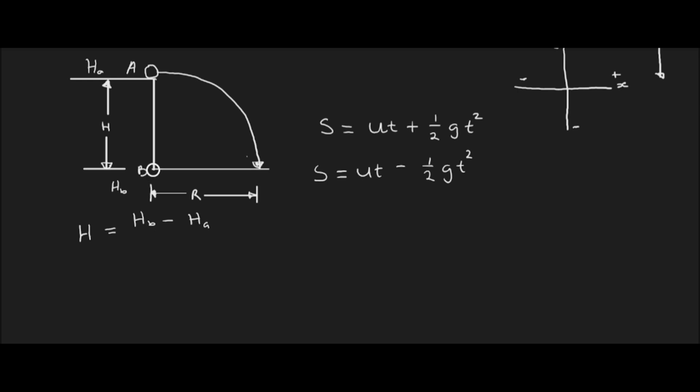If you see, our hb at this point is 0, so if you substitute 0 into this, that means our h equal to 0 minus h sub a.